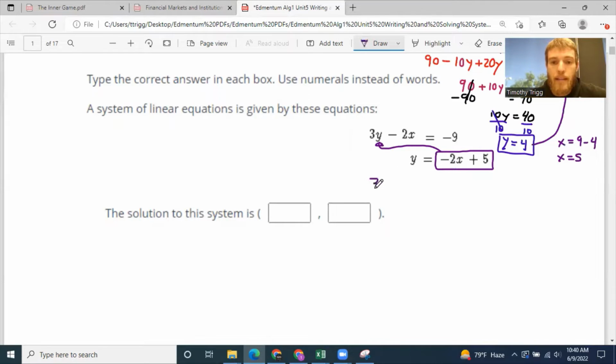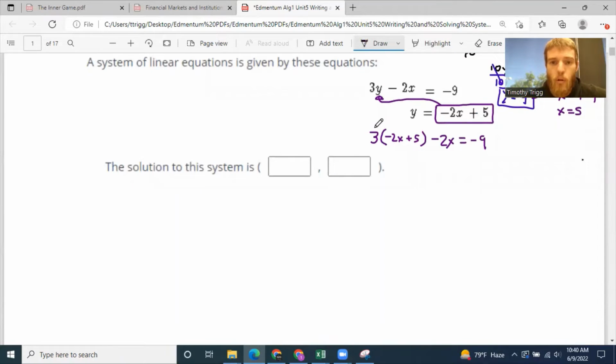Let's rewrite this top equation: 3 times y, which is negative 2x plus 5, then minus 2x, and equals still negative 9. I'm just rewriting this first equation, substituting the value of y. What do I do next? Well, hopefully you see that I would distribute this 3 here, multiplying the 3 times everything in the parentheses, giving us negative 6x plus 15.